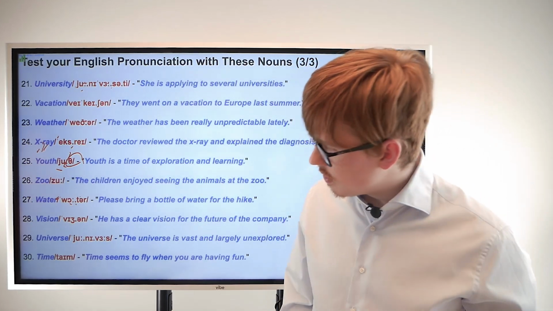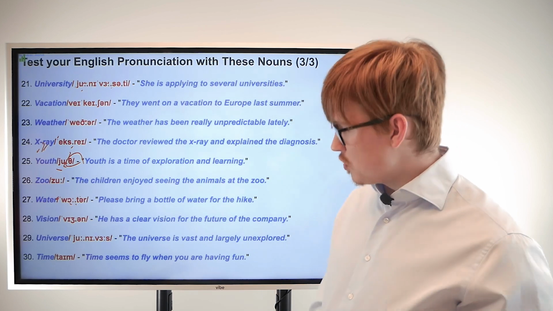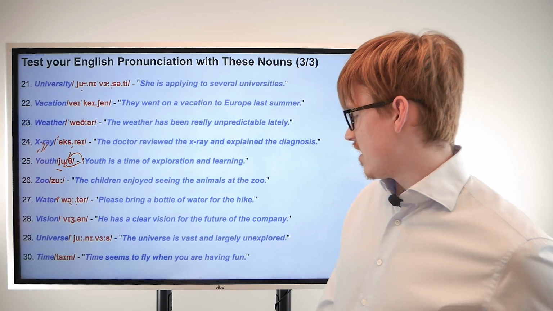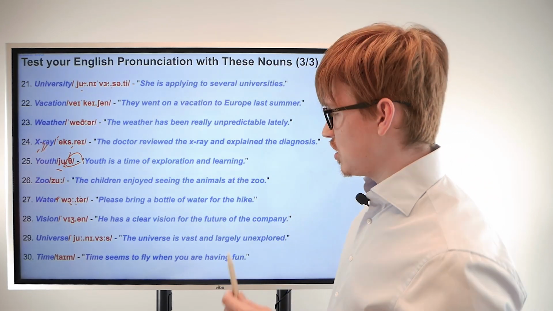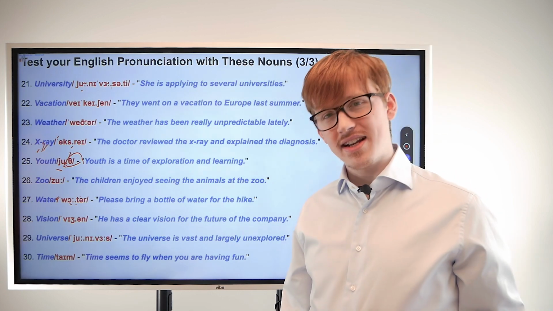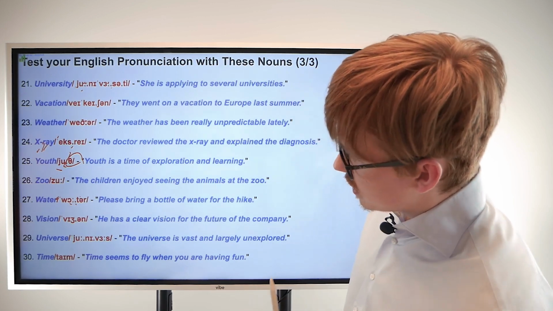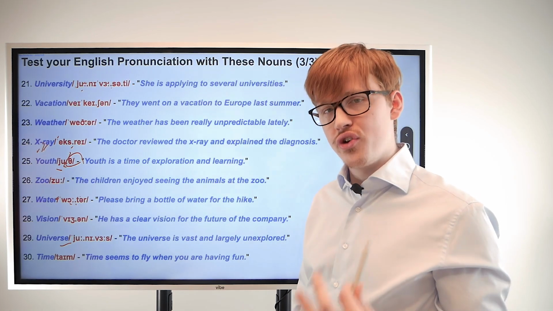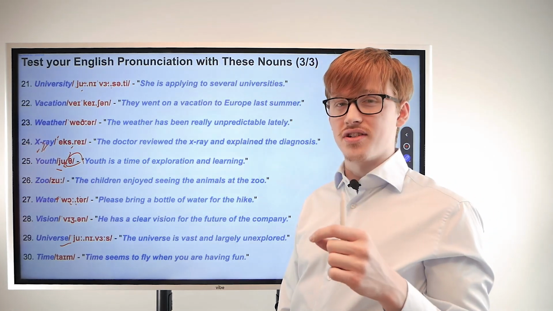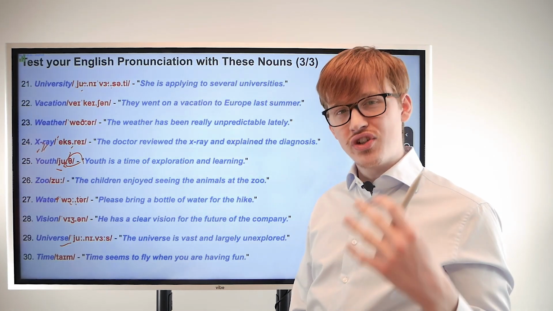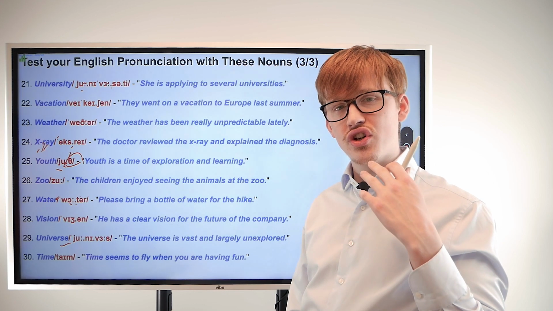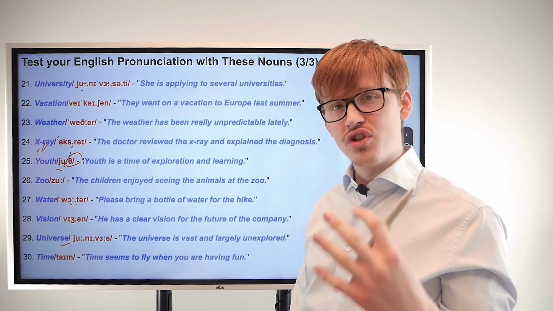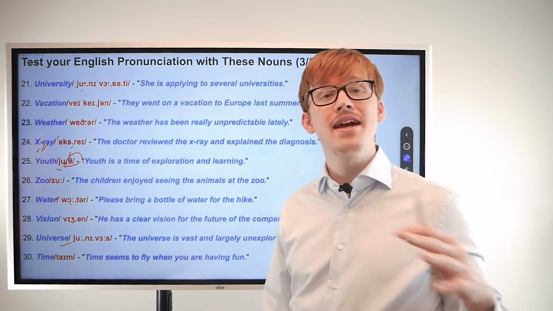Number 29, we have universe. The universe is vast and largely unexplored. So universe, once again, has this J-U sound, you, is so subtle. So practice that. You. It's like you don't even hear it.